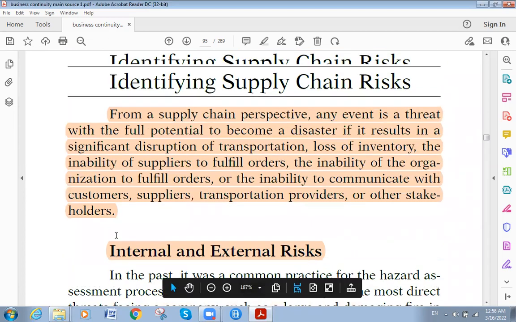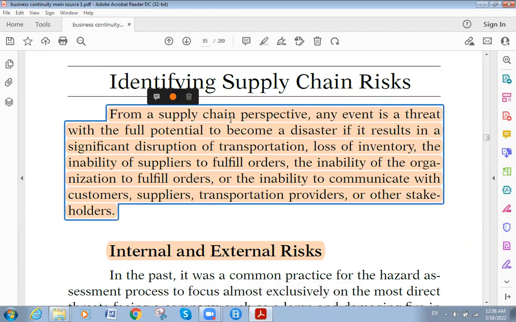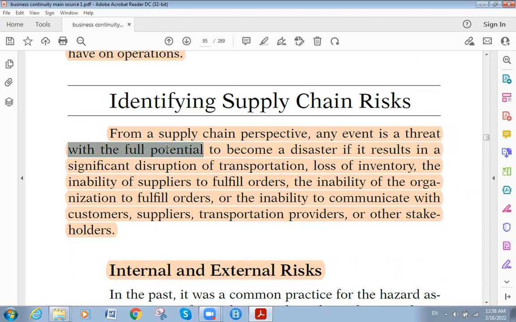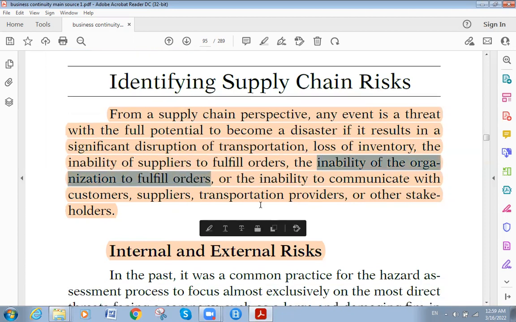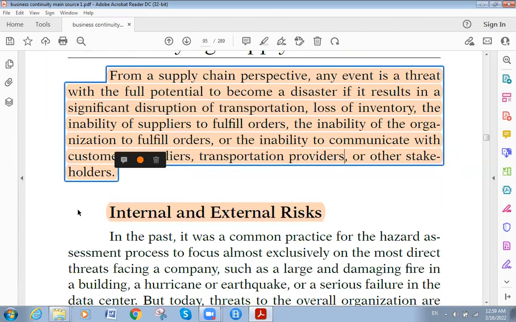So here we go. From the supply chain perspective, any event is a threat with the full potential to become a disaster if it results in significant disruption of transportation, loss of inventory, the inability of suppliers to fulfill orders, the inability of organizations to fulfill orders, or the inability to communicate with customers, suppliers, transportation providers, or other stakeholders.